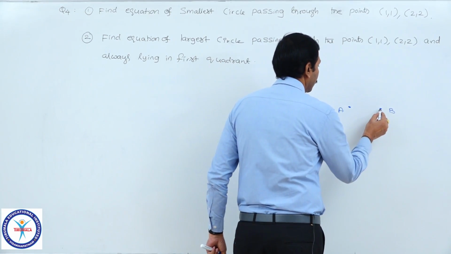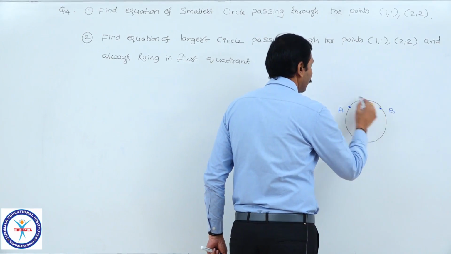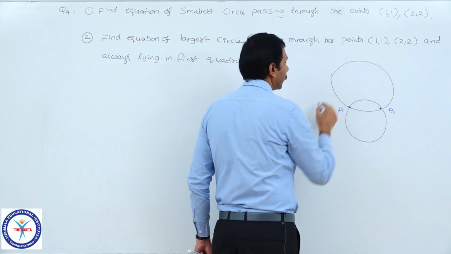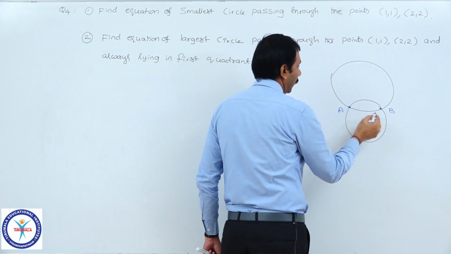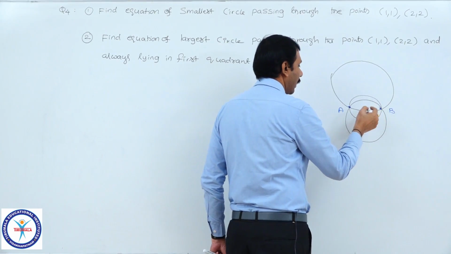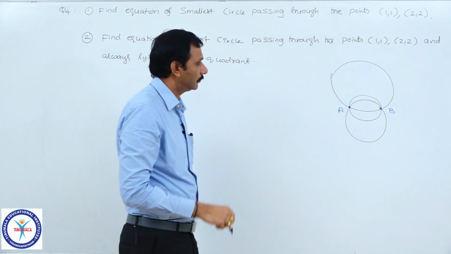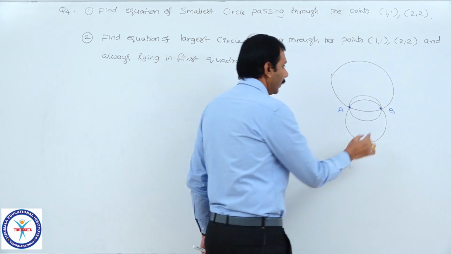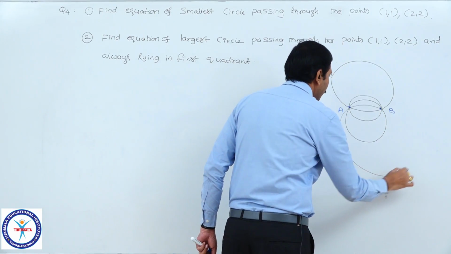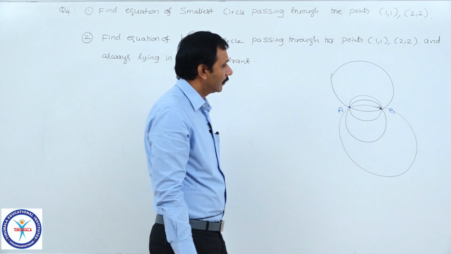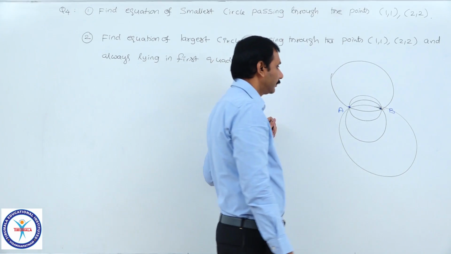Yes, it is one circle passing through A comma B, it is one circle passing through A comma B, and so on. Infinitely many circles are passing through this. And yes, this is another circle passing through A comma B, and so on. But observe this.